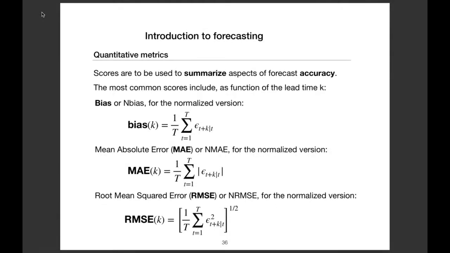That is, in fact, the average of the absolute value of the forecasting error over all forecasting periods. And you can also compute the root mean square error. That is the square root of the average of the square of the error. Okay. Most of the time, it is quite sufficient to compute these quantitative metrics. It provides you nice information about the forecast accuracy.